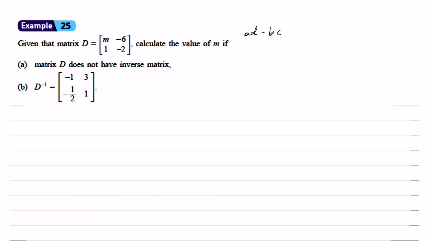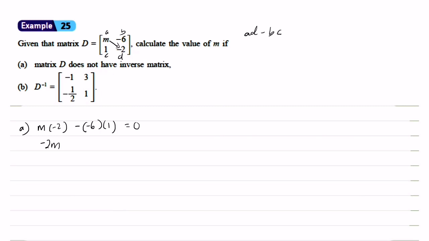Okay, so now ABCD. So AD minus BC actually is cross multiplication, right? So M times negative 2 minus negative 6 times 1 equals 0.